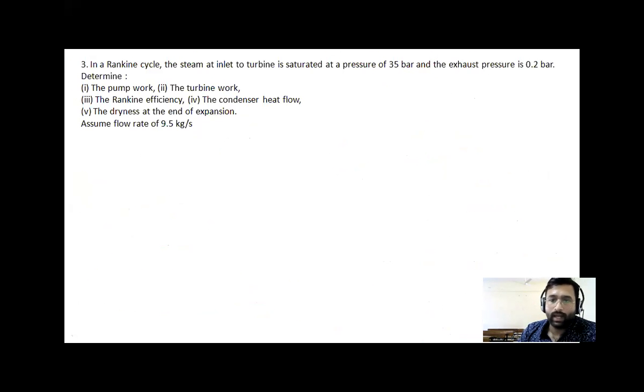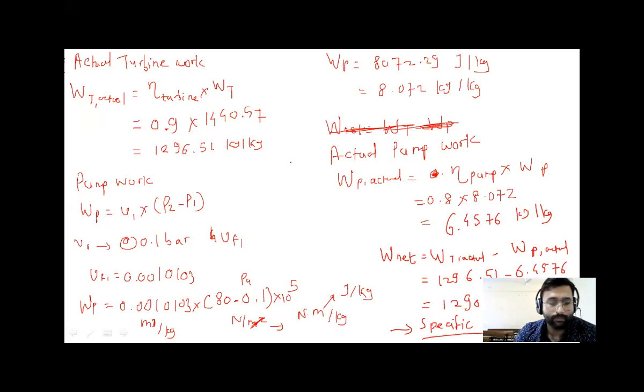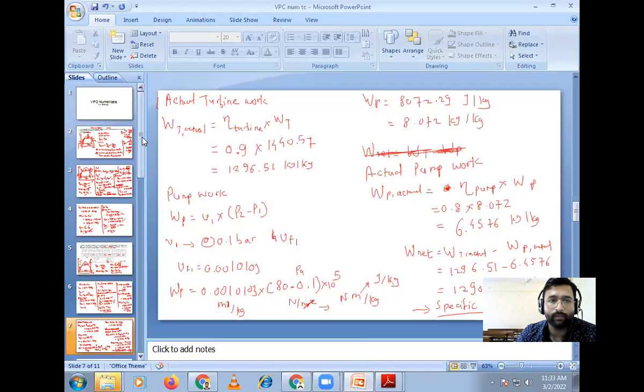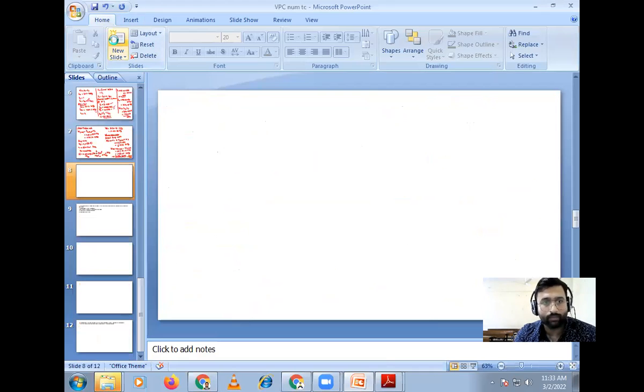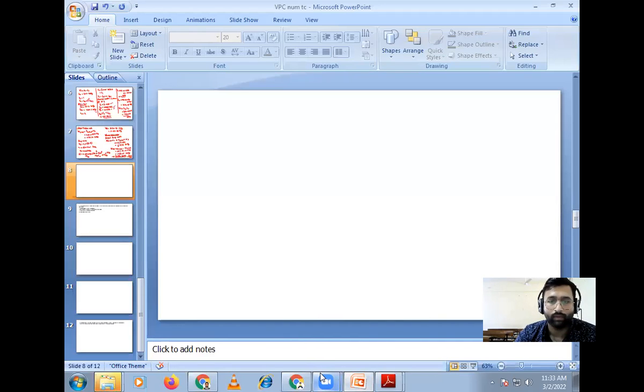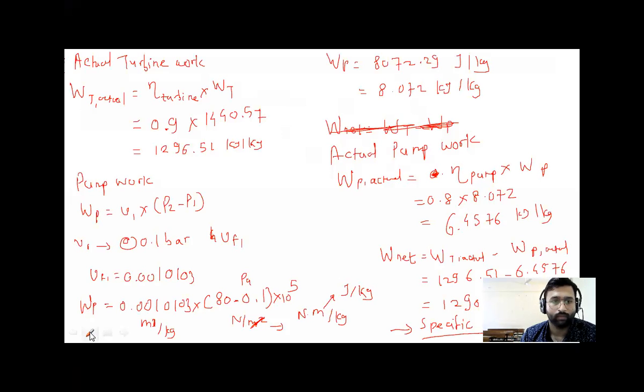Now next is calculation of efficiency. Now calculate efficiency.